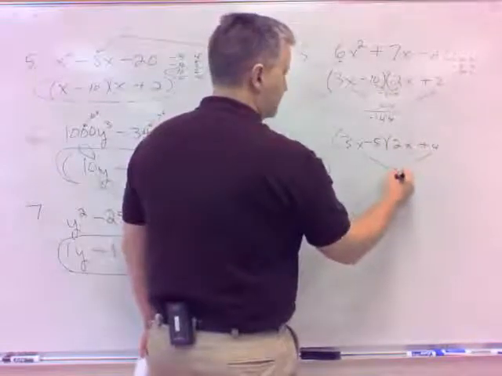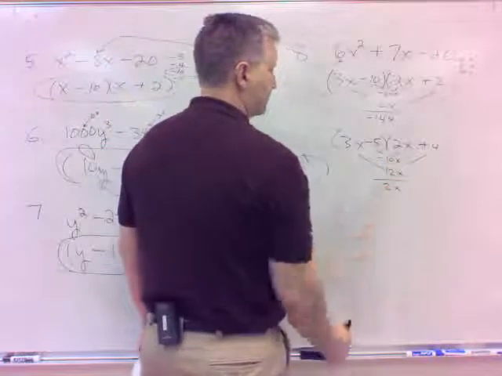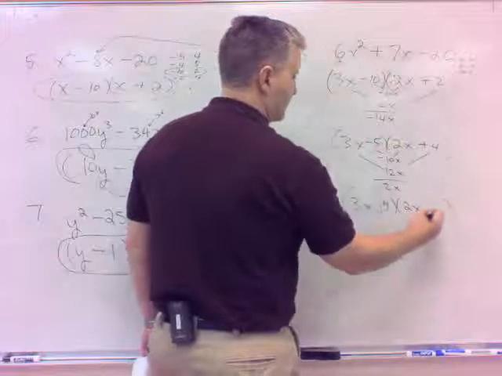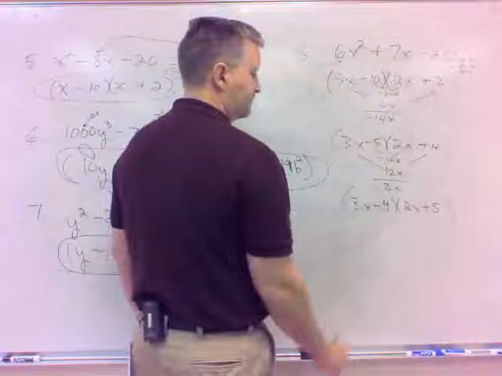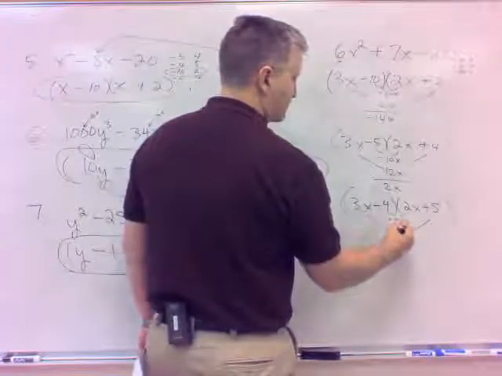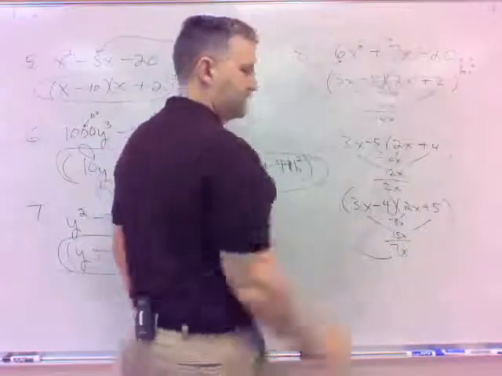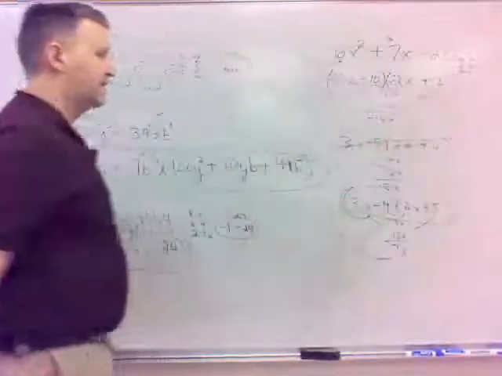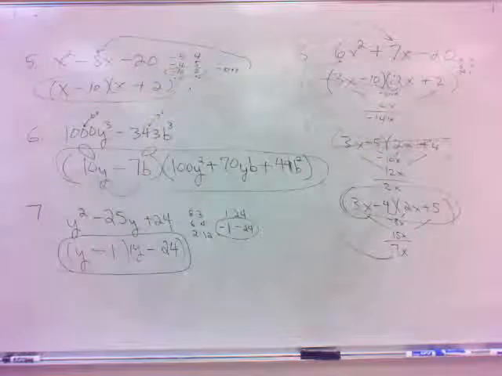Let's try that. That'll be 12x and 10x. Nope, that's not it. So let's reverse them. Do the 4 here and the 5 here. Negative 4 and a positive 5. See if that works. That and that's 15x. That and that's minus 8x. Hey, that's 7x, which matches with what I need it to match. So you might have to go through several tries there, but hopefully ultimately you get there to the right one. Okay?